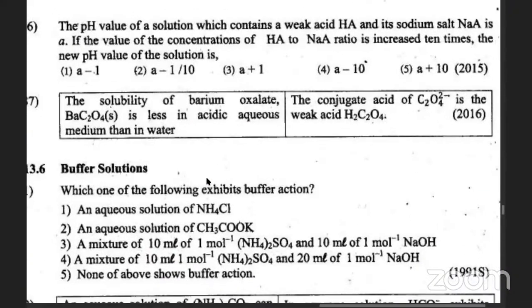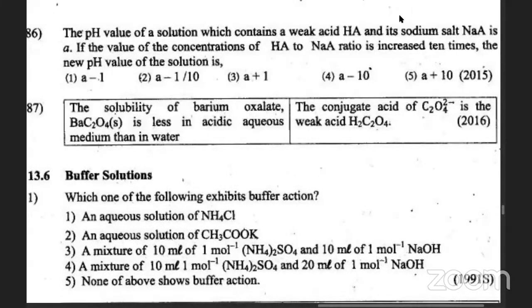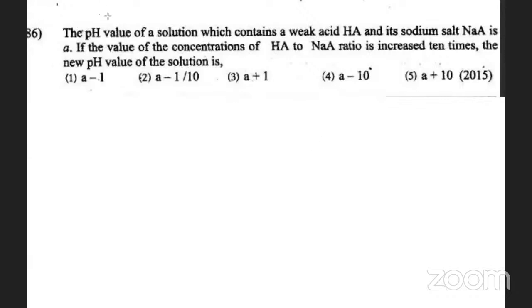Right, 86, that is 2015. If the concentrations of HA to NaA ratio is increased 10 times, again Henderson's equation should be directly applied, no people, because pH is equal to pKa minus log of concentration of acid over concentration of salt.